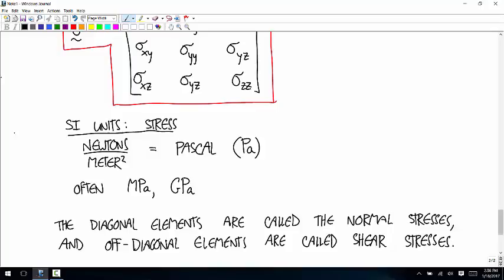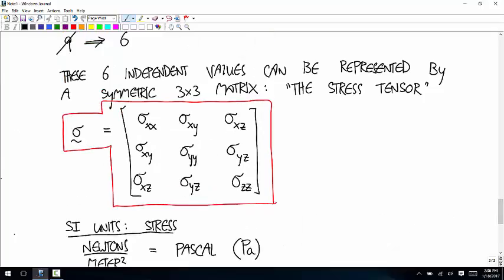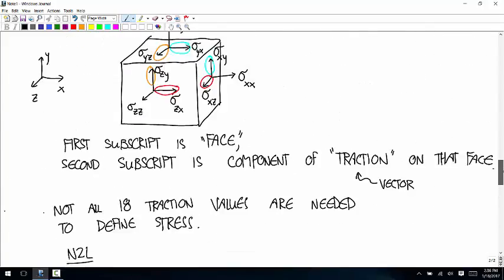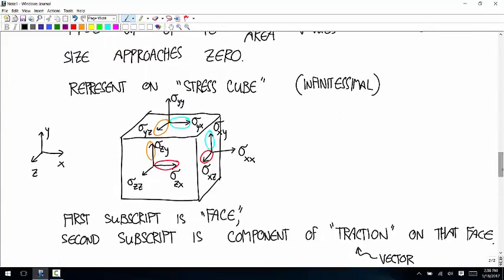Okay, so let's look back at where these values are on the cube. The diagonal elements are all the ones with matching subscripts, XX, YY, and ZZ. Those diagonal elements in the stress tensor are the vector pointing normal to the X face, normal to the Y face, and normal to the Z face. So that's why those are called the normal stresses.